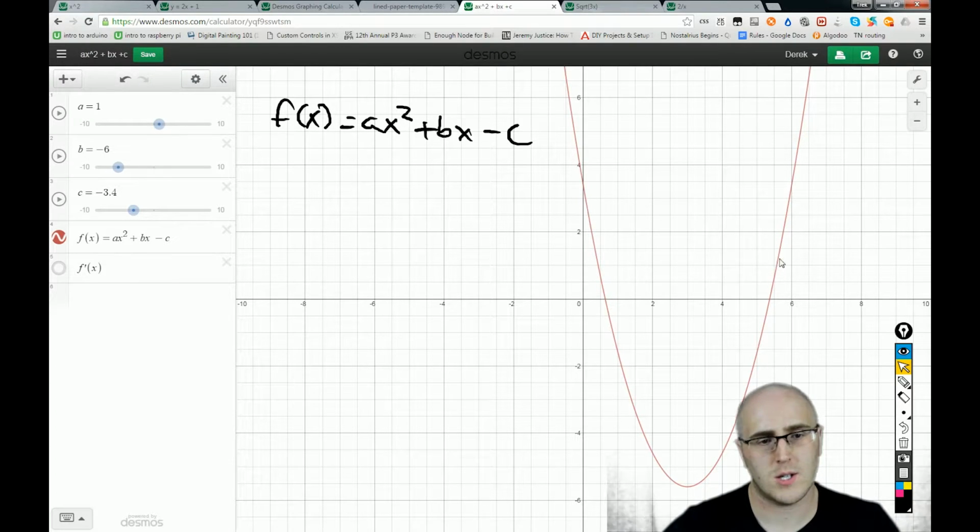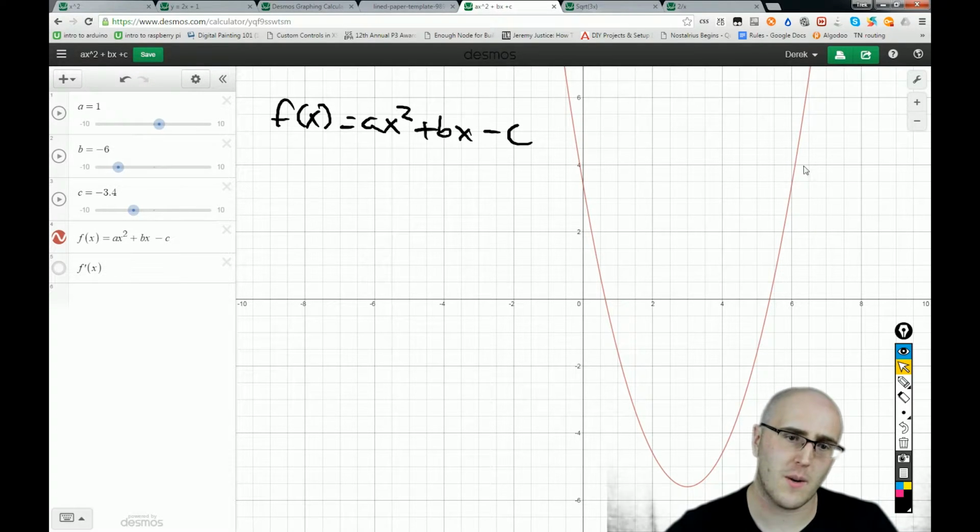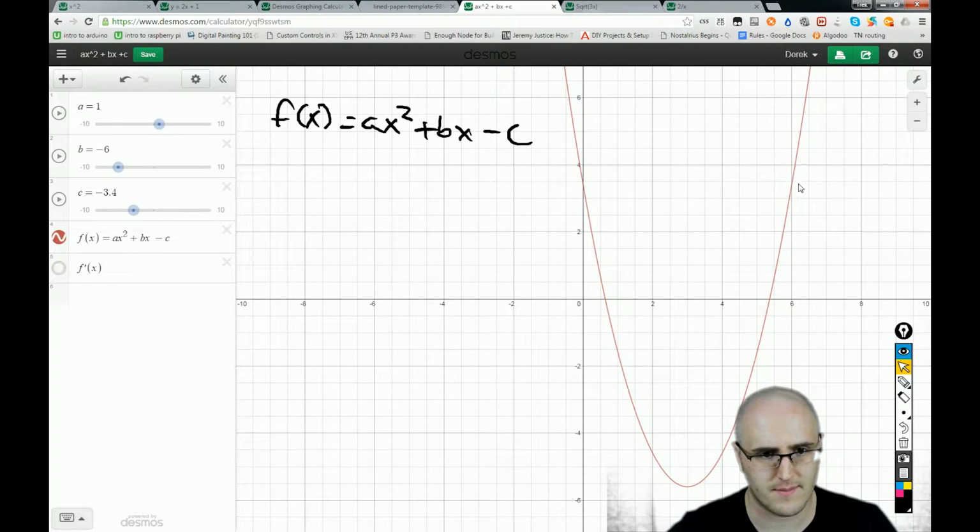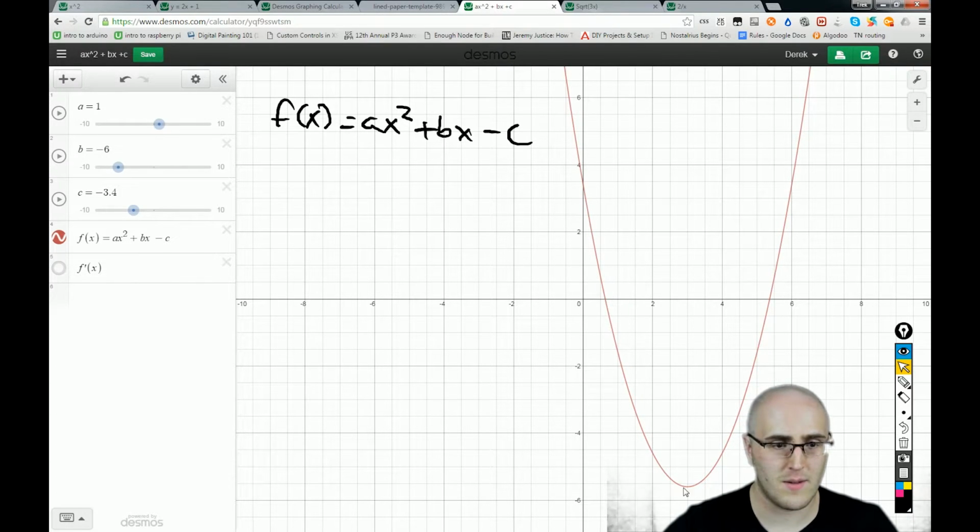So let's just talk about some quick snapshot values to get an idea of what the graph of its derivative is going to look like. So we got a really high value here. So around 6, we got, what does it look like? Like, I don't know, 8 or so. It looks like it has a horizontal line around 3. So we're thinking that there should be a horizontal line at around 3.